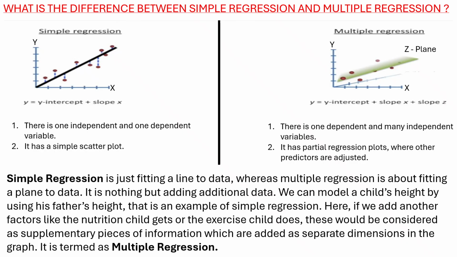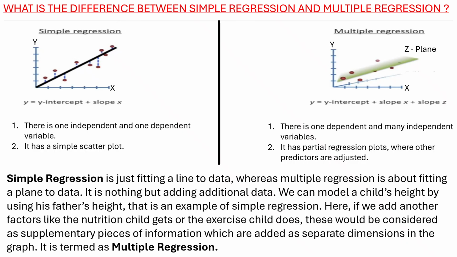As regards the expression on a graph, the plot of simple regression is a simple scatter plot, whereas the graph of multiple regression has partial regression plots where the other predictors, or seemingly less important independent variables, are somehow adjusted.